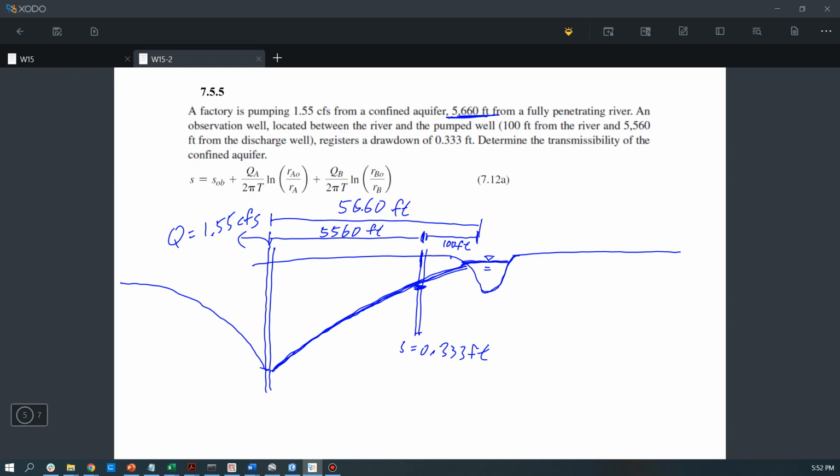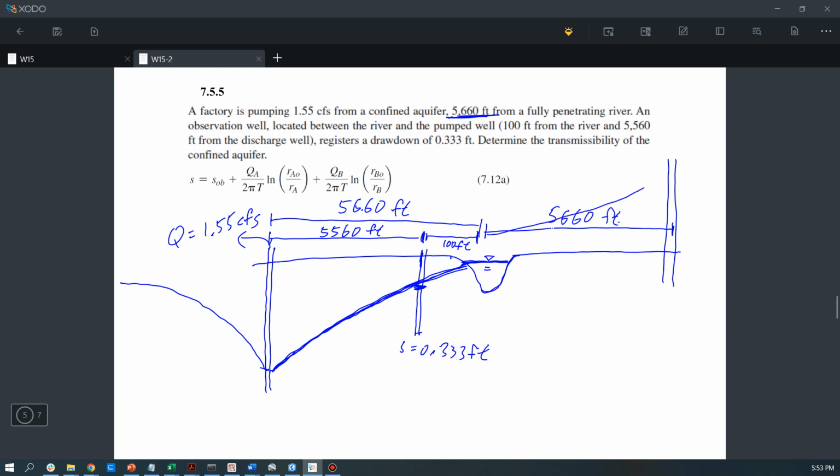So we have an image well here for the recharge. And the distance is also 5,660. So it's like the mirror of the pumped well.